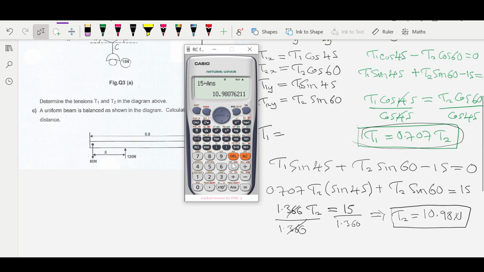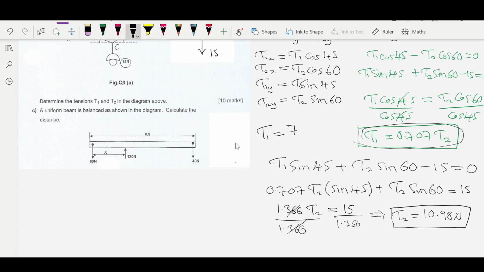So answer times 0.707, and our T1 is 7.76 newtons. Okay, so that is our T1, and that is our T2. So we have T2 and T1.